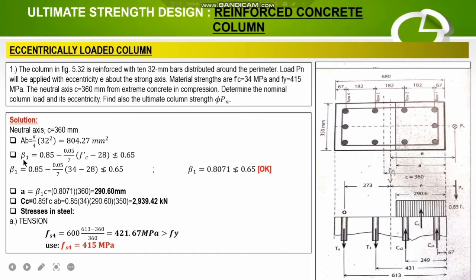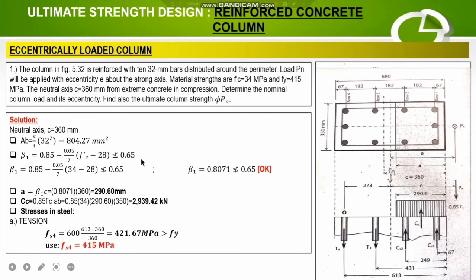And to solve for beta 1, we will consider the compressive strength of the concrete, or the Fc prime. Since Fc prime is equal to 34 megapascals, as the code provides, if Fc prime is greater than 30 megapascals, we use the formula for beta 1 like this.